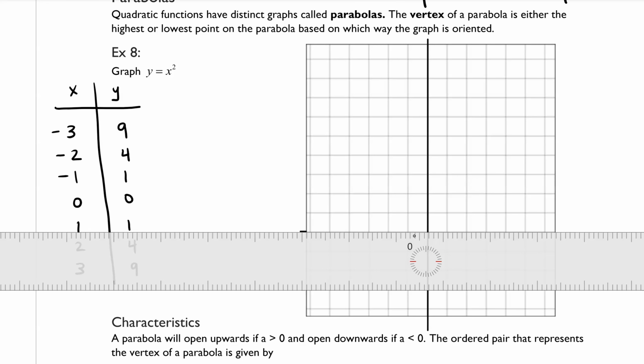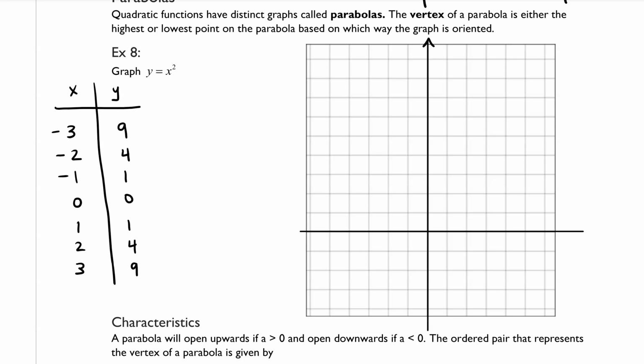Now notice in this scenario for this specific function, none of our output values are negative because we're squaring these values. And so if I plugged in negative 3, then my output would be positive 9. So 1, 2, 3, 4, 5, 6, 7, 8, 9. That would be right there. And again, it's mirrored. So when I plug in positive 3, my output's also going to be 9.